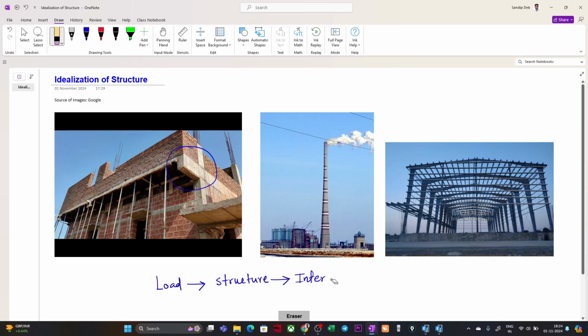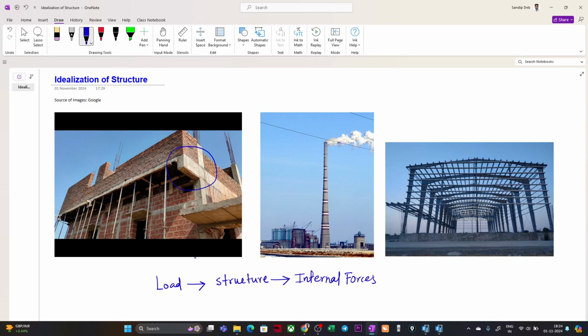This is the flow of how the structure resists the load being applied. We will break it into different conditions and then understand. Basically, this is what we need to understand in structural analysis: how the load is applied, how the structure behaves, and what kind of internal forces are developed in the structure to resist this load or this threat.